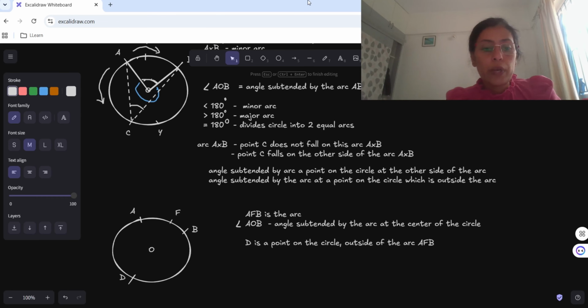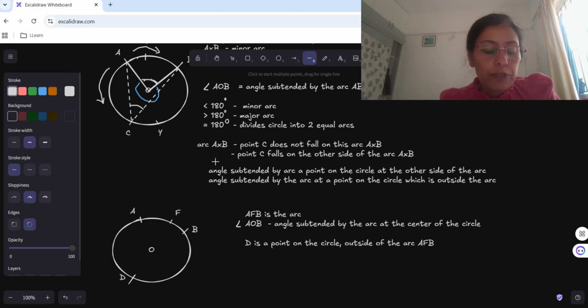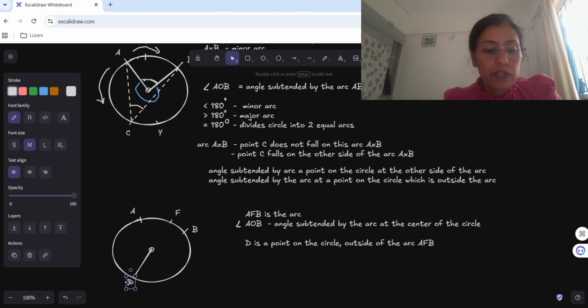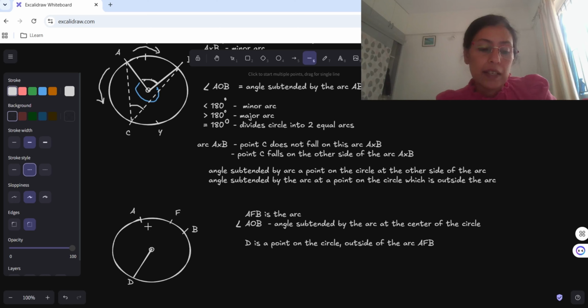Now what we'll do is we'll join the center of the circle with this point D. Okay, I'll delete this one. So I have joined the center of the circle with this point D. And what else I'll do is I will extend this line OD and let it cut at a point.